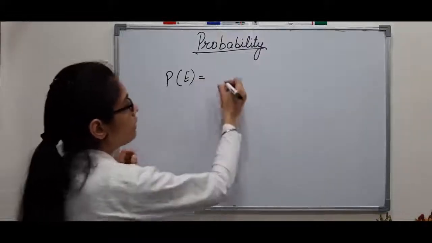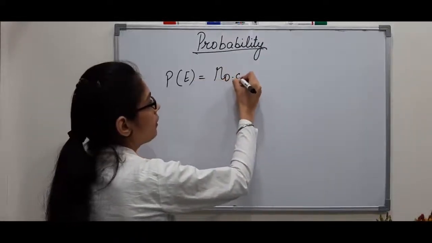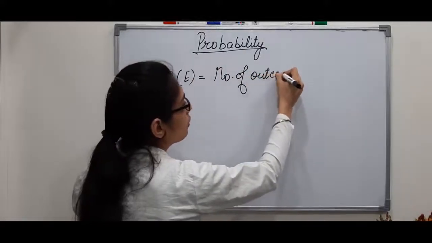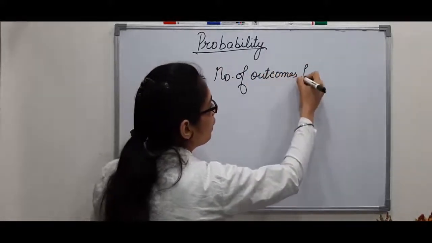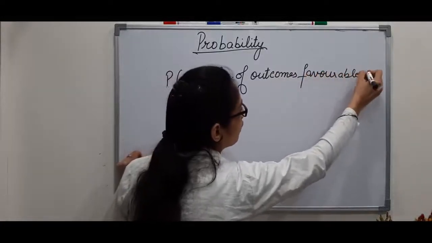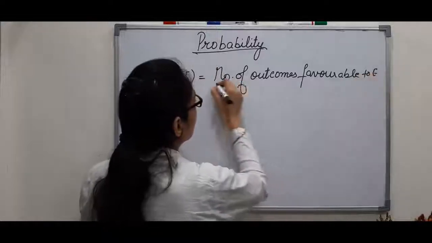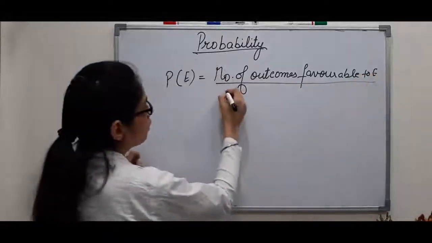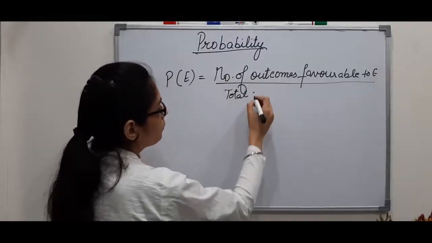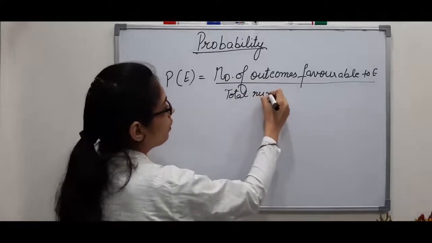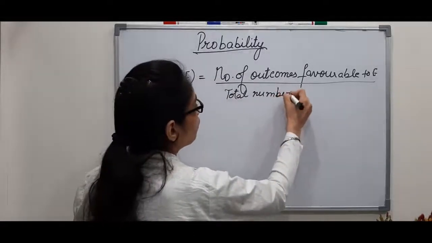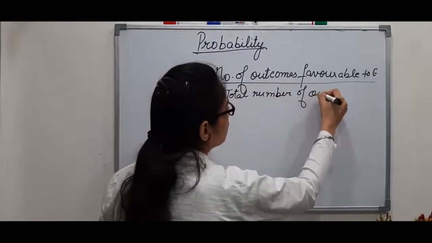So its formula is number of outcomes favorable to E over total number of outcomes.